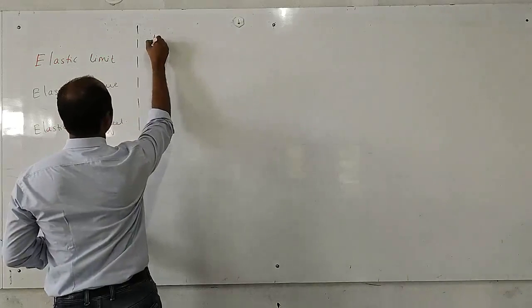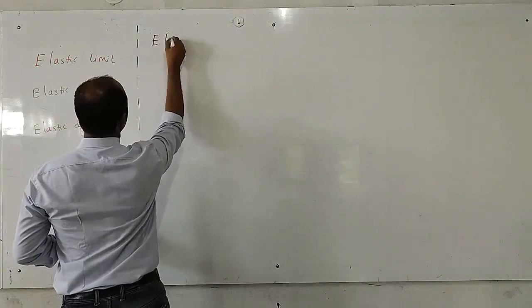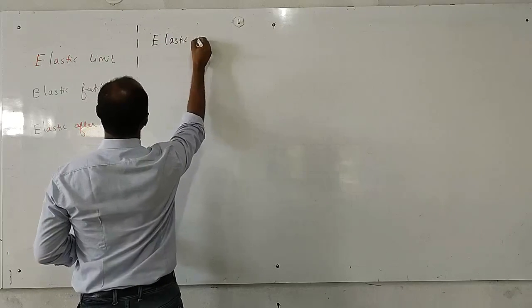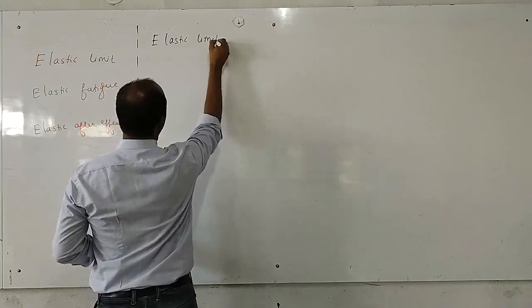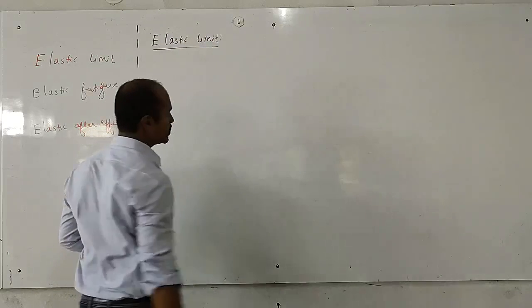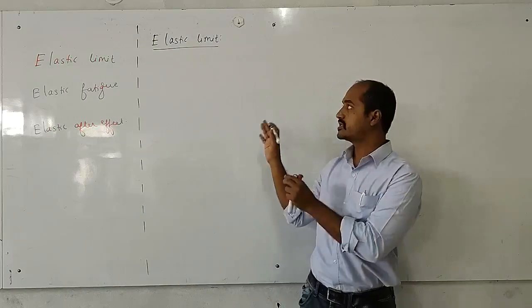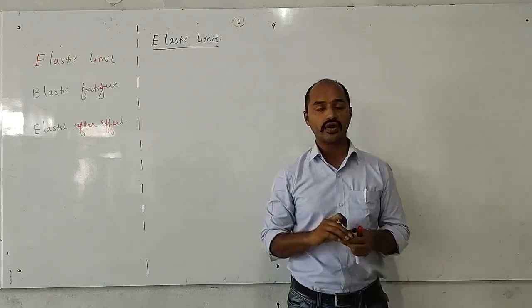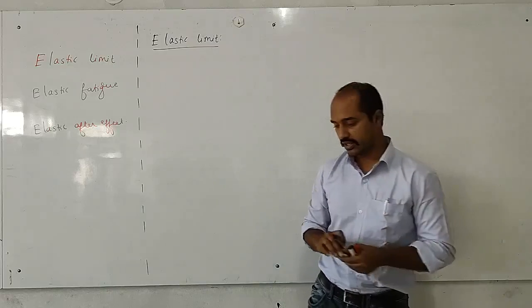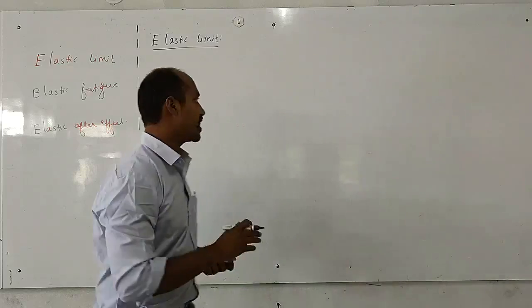So let us first understand in detail what you mean by elastic limit. Let us understand the concept of the elastic limit, then we will define what the elastic limit is. So let's first understand.